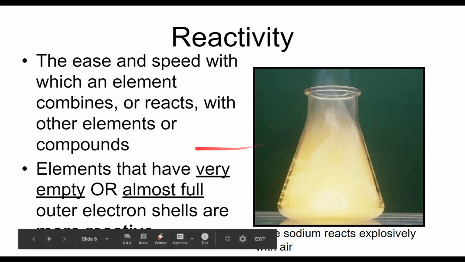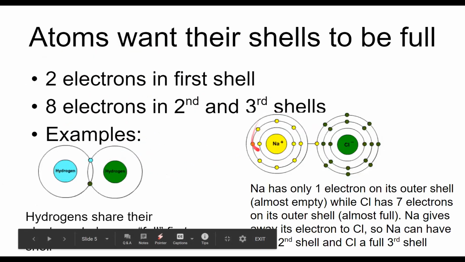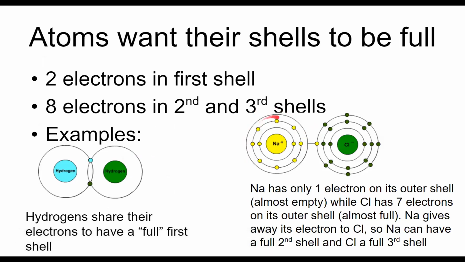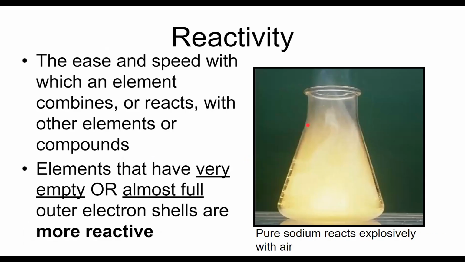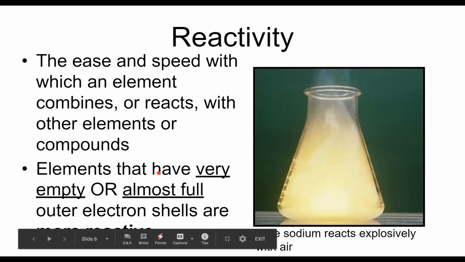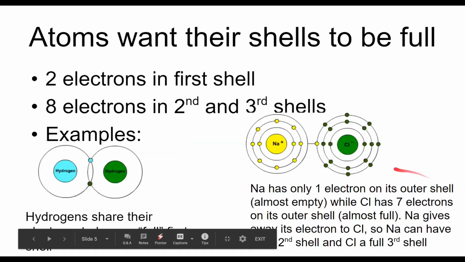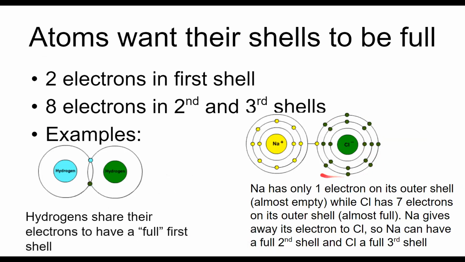So elements that have a very empty outer shell, like sodium that we talked about earlier, right? His outer shell is very empty. He only has 1 electron on his outer shell. Or elements that have an almost full outer shell, like chlorine over here.